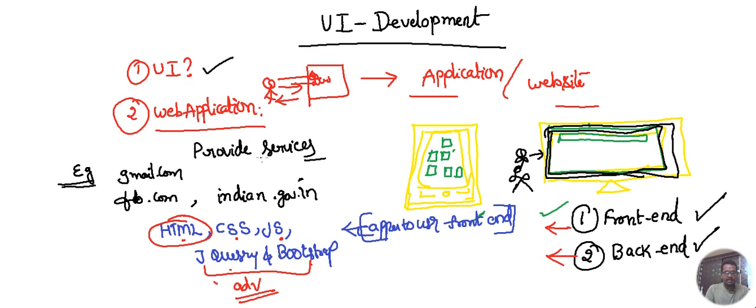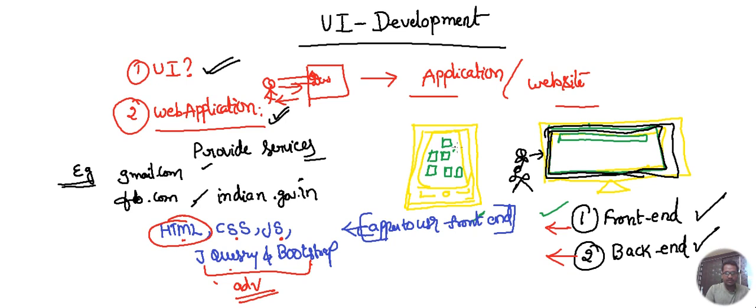It also interacts with applications or websites. This is called UI. So what are web applications? A web application which provides services over the web is called a web application, like Gmail, Facebook.